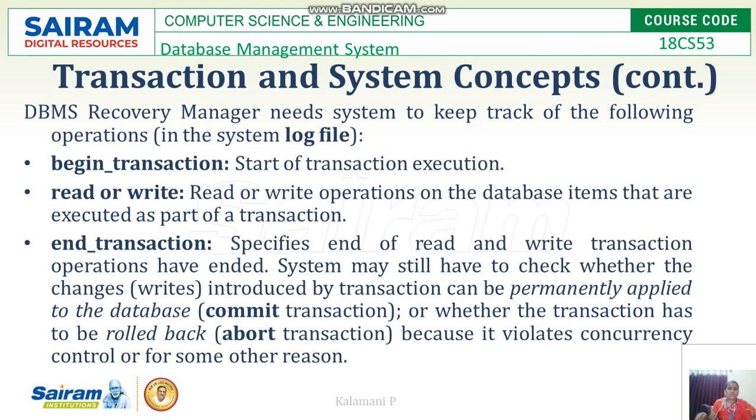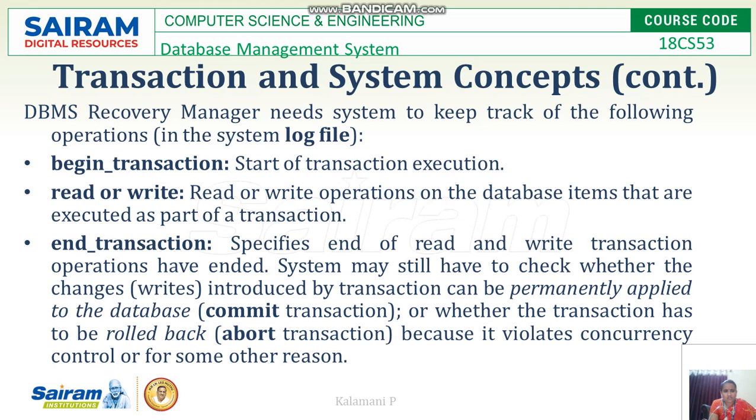Next, the DBMS recovery manager needs the system to keep track of the following operations. During transaction processing, if any failure occurs, the recovery manager is responsible for recovering the data. For that purpose, the DBMS recovery manager maintains a log file. The log file contains the following information: begin transaction, when the transaction execution started, what read and write operations are performed, and when it ends, that is end transaction.